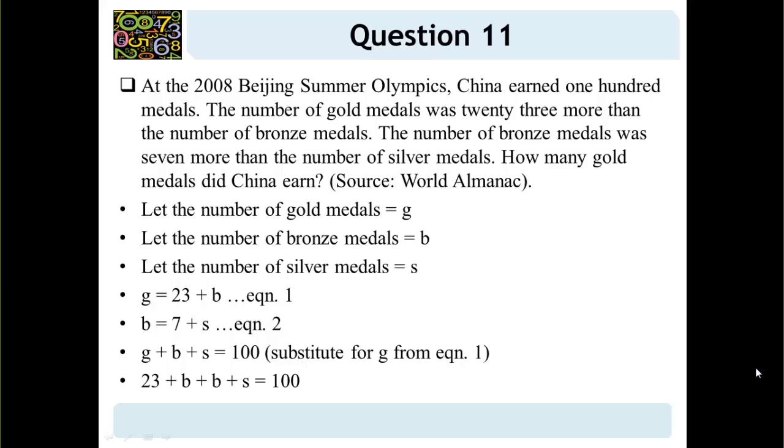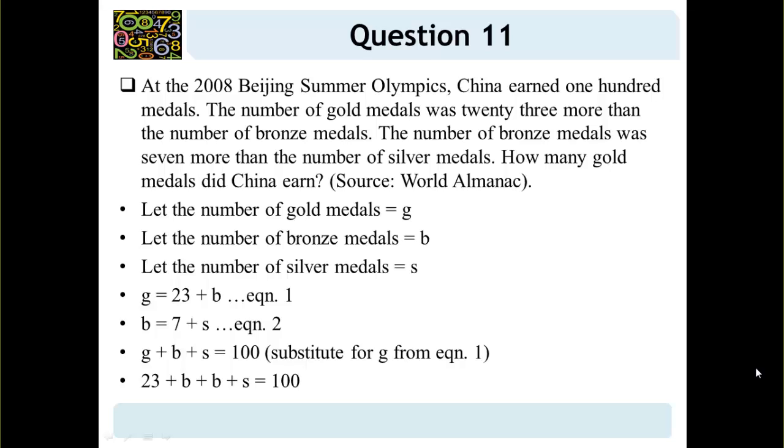This means whatever the number of bronze medals they earned, the gold medals was 23 more than that. So if they earned 5 bronze medals, then the gold medals will be 23 plus 5, which is 28. This is just to explain it. Now, the number of bronze medals was 7 more than the number of silver medals.